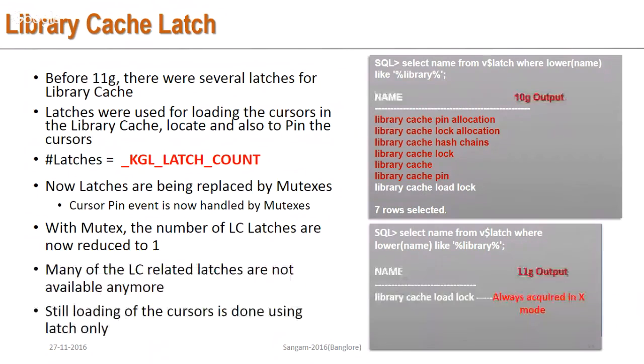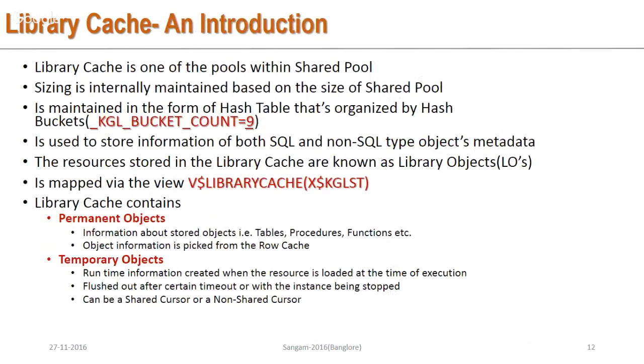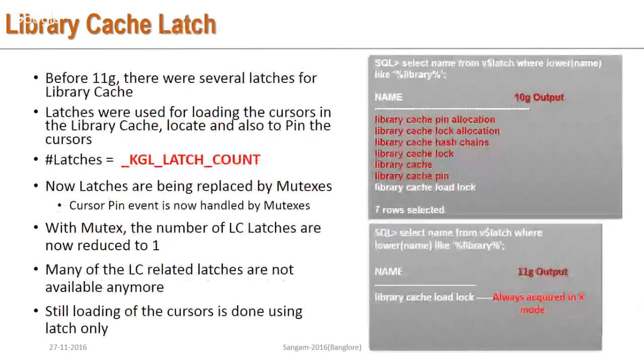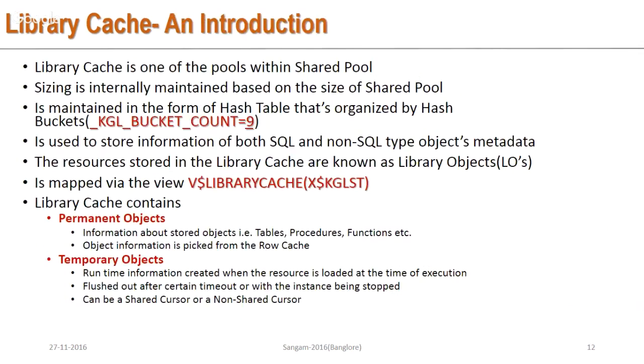But in 11G, we have the same thing available with just one latch, the library cache load lock. This is the only latch available to you from 11G onwards. So the idea is that with the help of mutexes, Oracle is trying to bring down the number of latches required to function, and this is going to be the path forward which Oracle will be using.